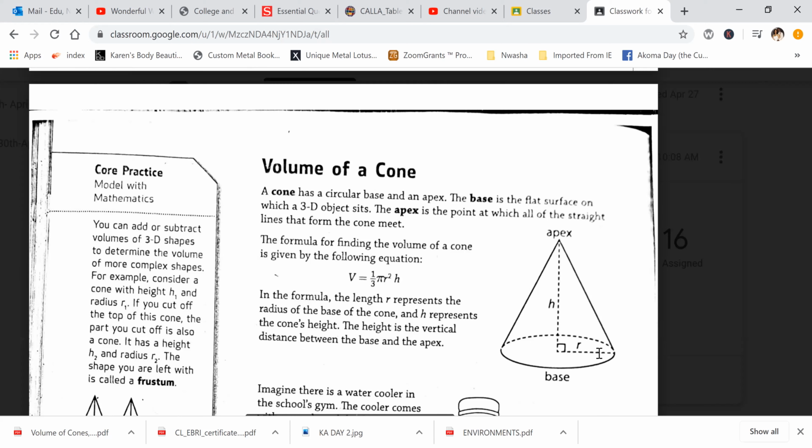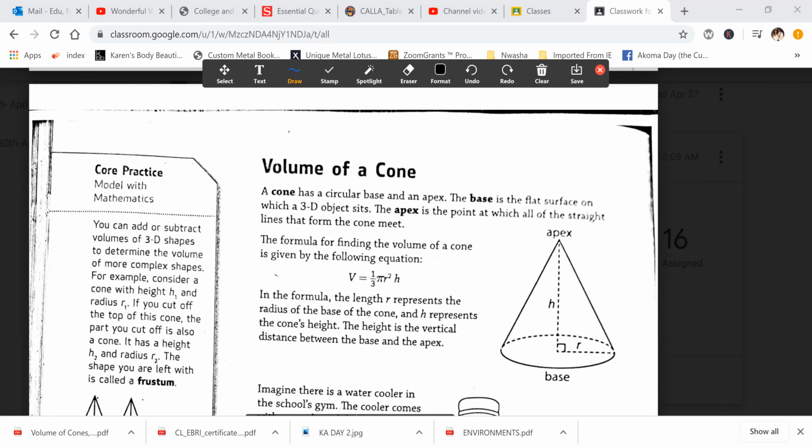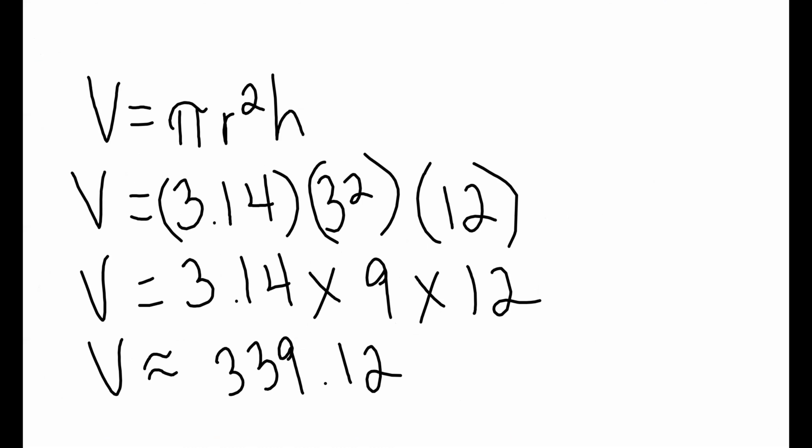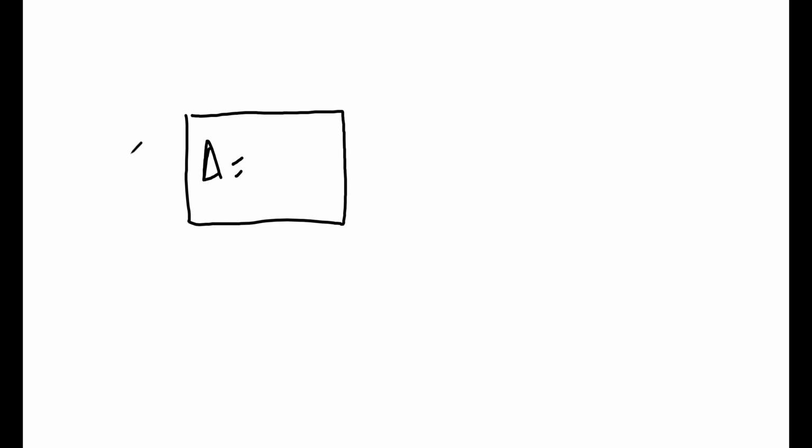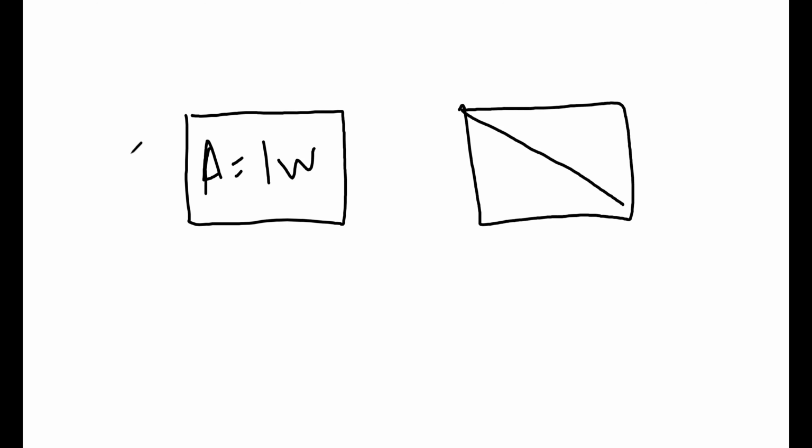So I understand that, let me go back to a piece of paper. What we said about the rectangle was that you have a rectangle and area equals length times the width. So what we said about a triangle is that it is half of a rectangle.